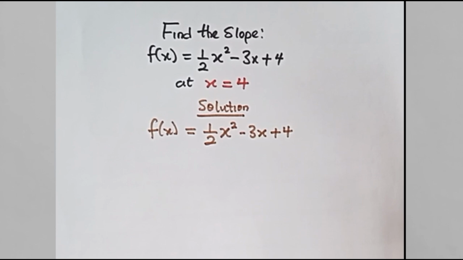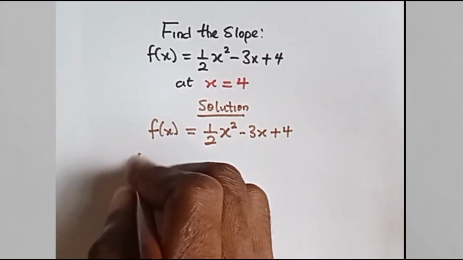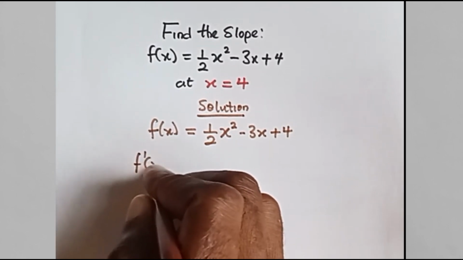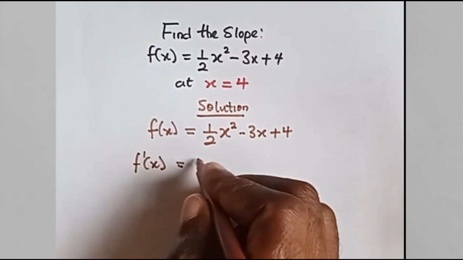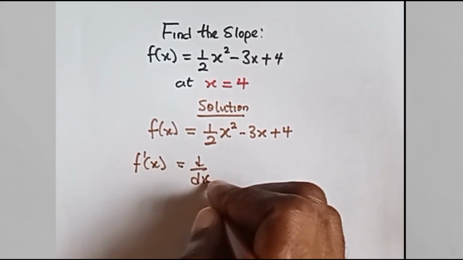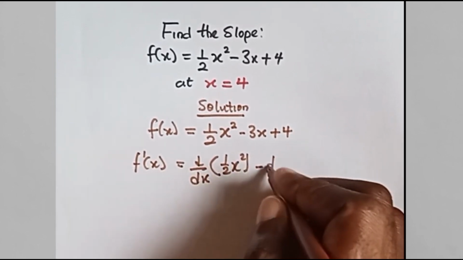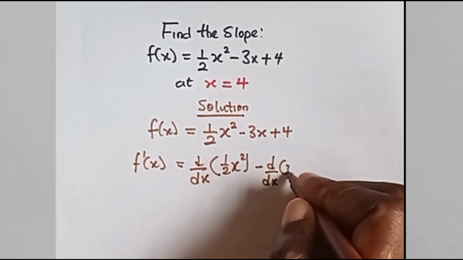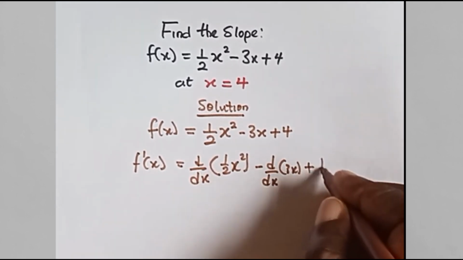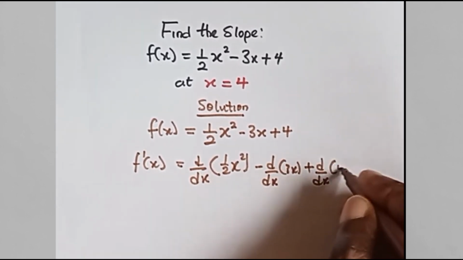All right, so now what do we do? We find the derivative of this function, and that is d/dx of 1/2 x squared. Okay, so let's differentiate this and see what we have.